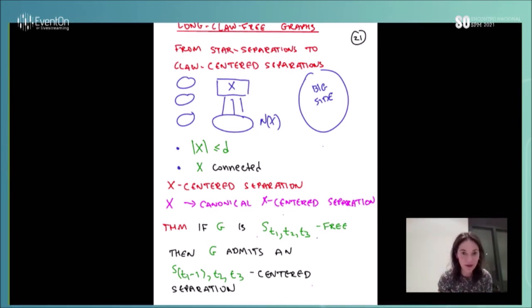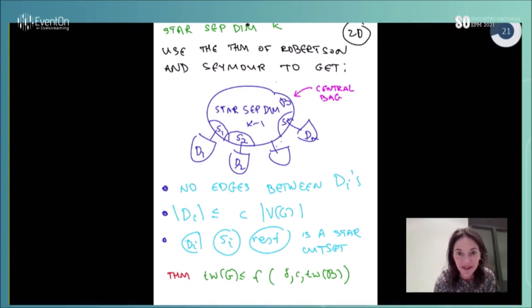And let me not tell you the details of that, but somehow everything works the same, and you get exactly the same picture again, except here the adhesions, the way the little bits attached to the central bag, were star cut sets. In the other application, these bits will be a claw subdivided boundedly many times plus its neighbors, but it works the same way.